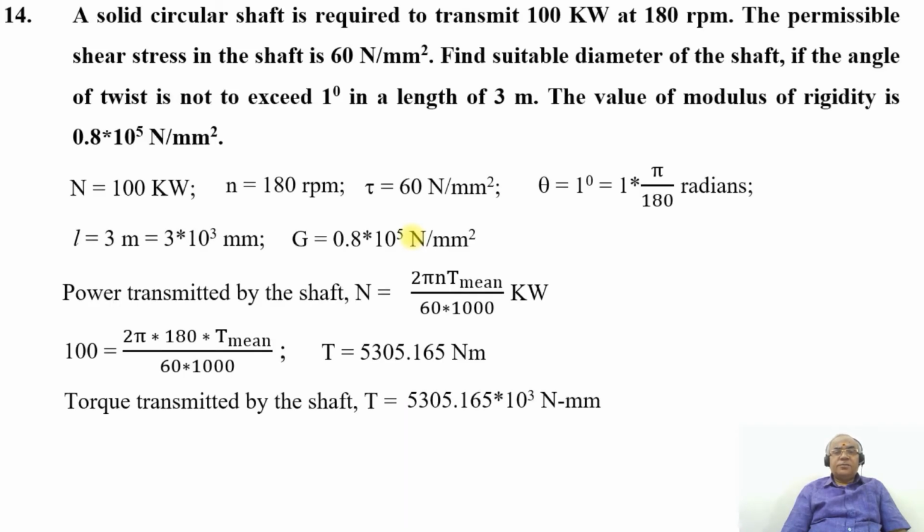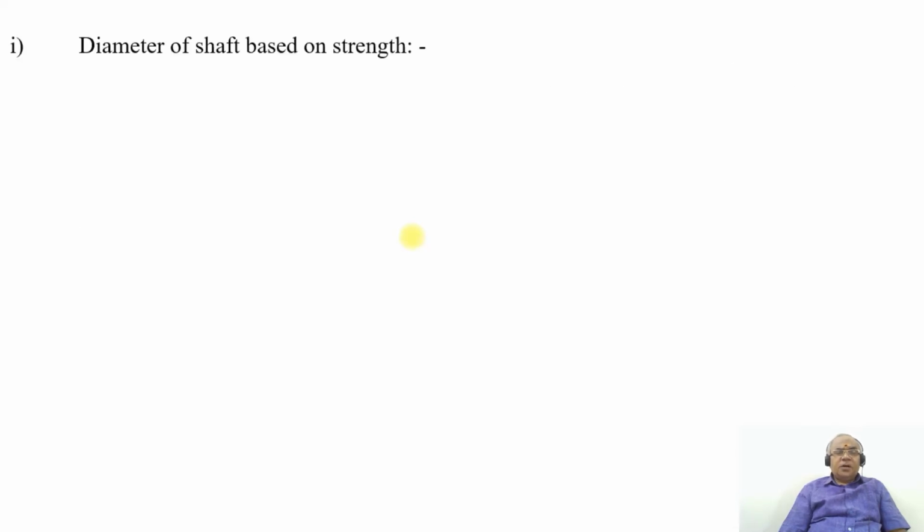So the maximum torque is T, which is 5305.165 into 10 to the power of 3 Newton mm. Now we are going to find the diameter of the shaft based on strength. Here T equals pi d cube by 16 into tau.